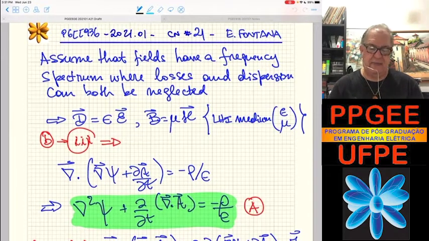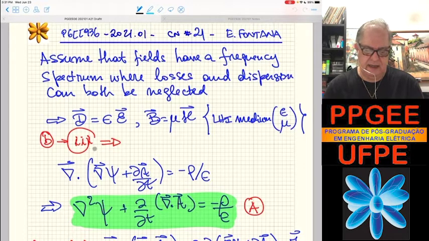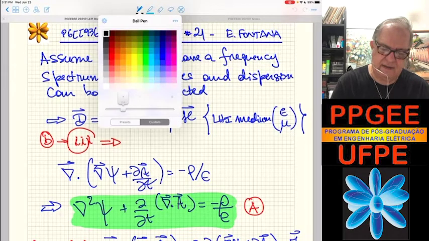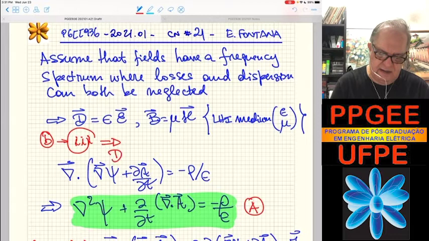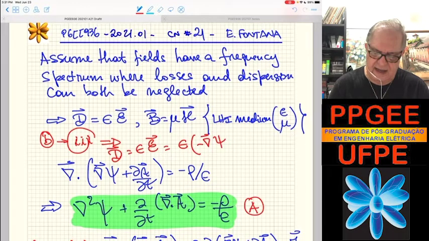Now we can replace D and B into the equations. Okay. We have divergence of D. Just recall, right? Divergence of D equals epsilon E, which is epsilon times minus nabla of psi minus dA/dt.